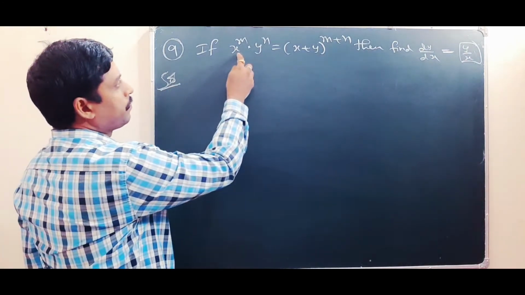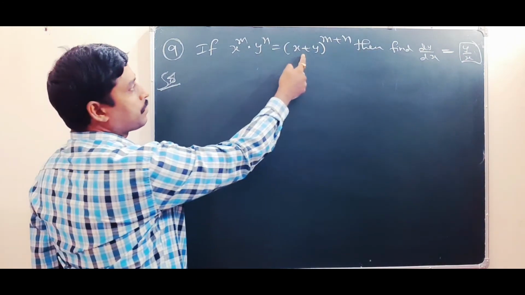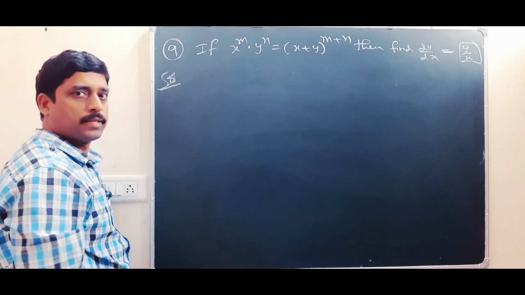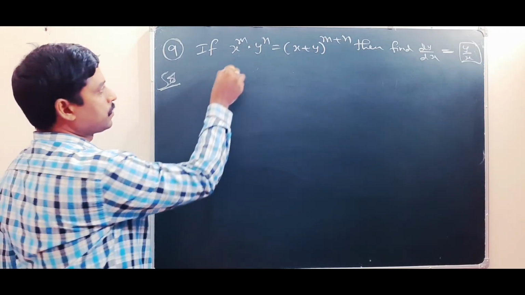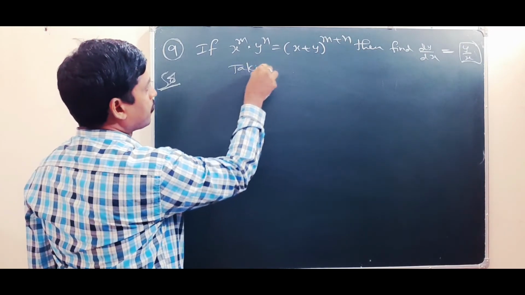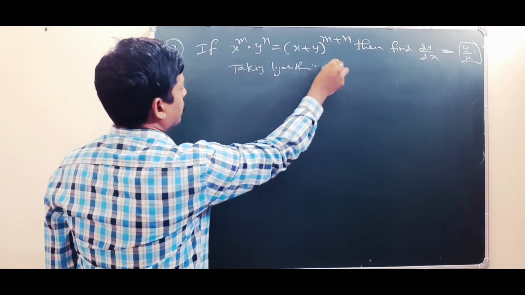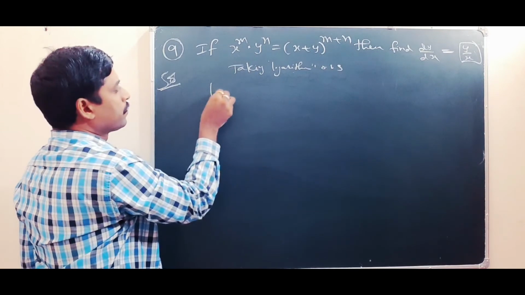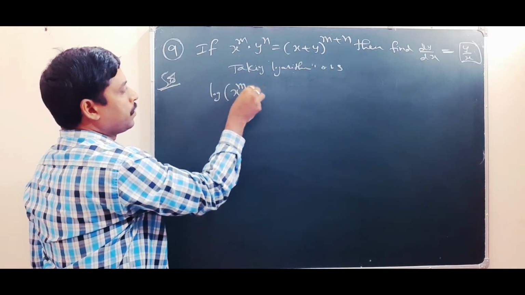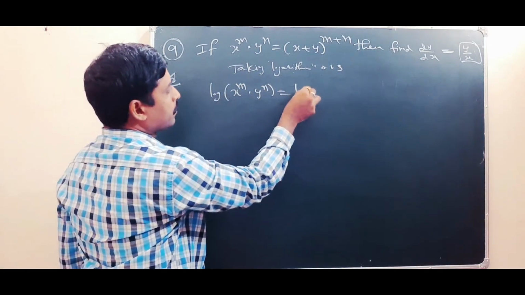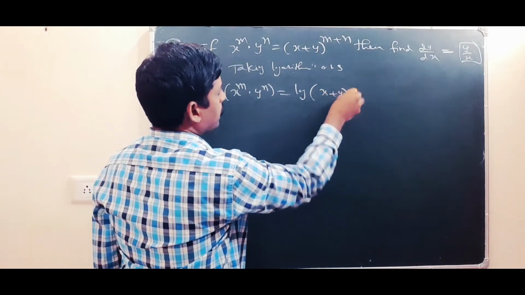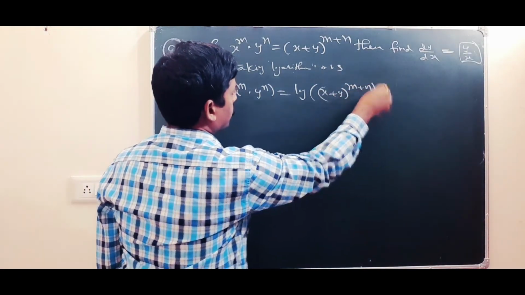So x to the power m into y to the power n is equal to x plus y power m plus n. For this type of problem, we take logarithm on both sides. So log of x to the power m into y to the power n is equal to log of x plus y power m plus n.